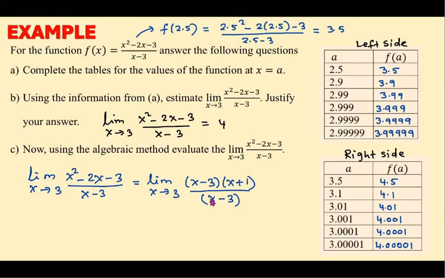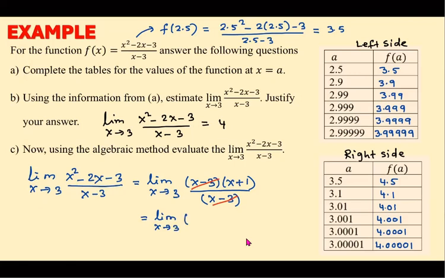So x is different from 3, meaning x minus 3 is not exactly 0. If it was exactly 0, we could not cancel these. It's close to 0 but not equal, so we can cancel that. So what we end up with is the limit as x approaches 3 of x plus 1.